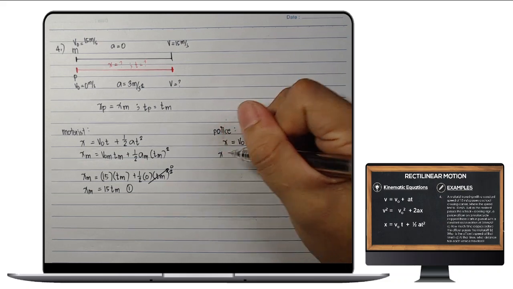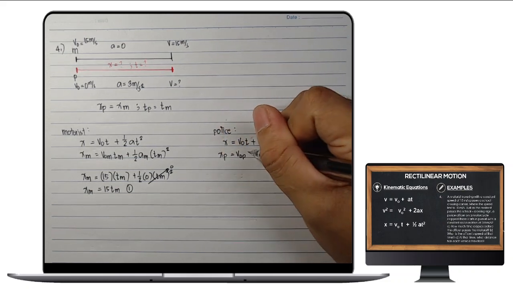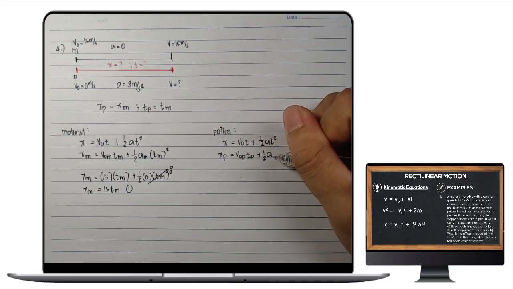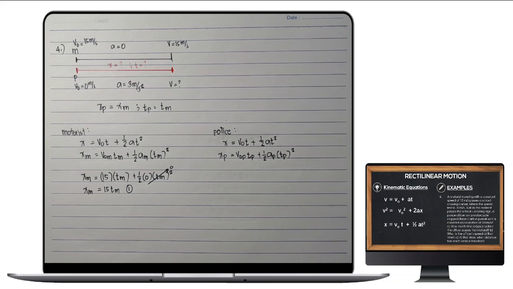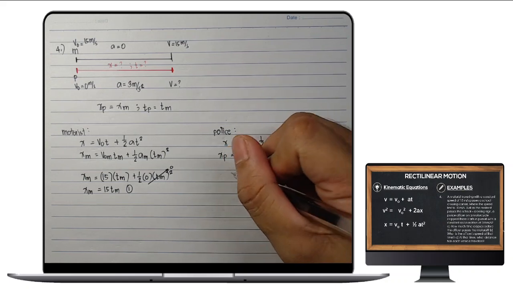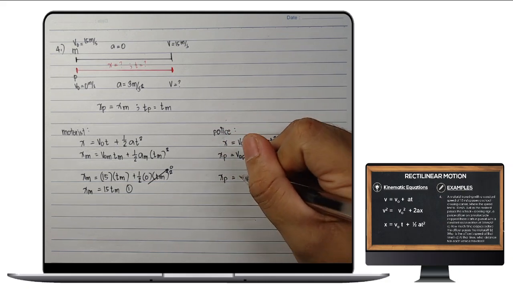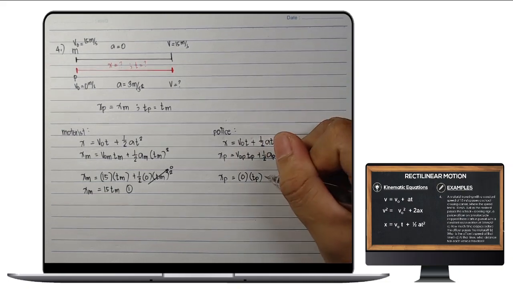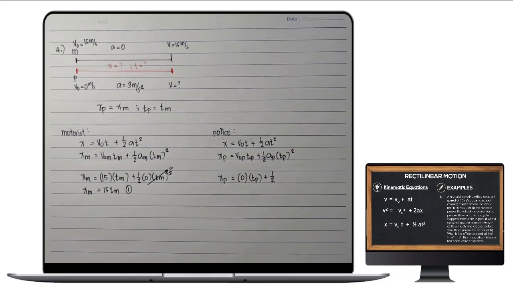So for the police, x sub p is equal to initial velocity of the police times time of the police, plus 1/2 multiplied by acceleration of the police times time of the police squared. Substituting, we have x of the police is equal to initial velocity of the police, which is 0, times time of the police, plus 1/2 acceleration of the police.